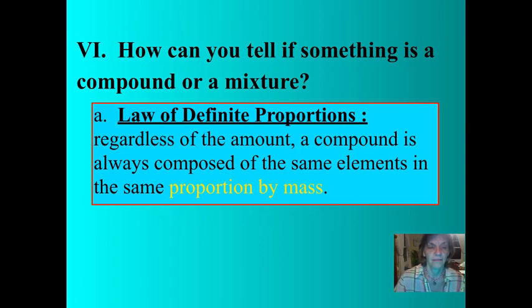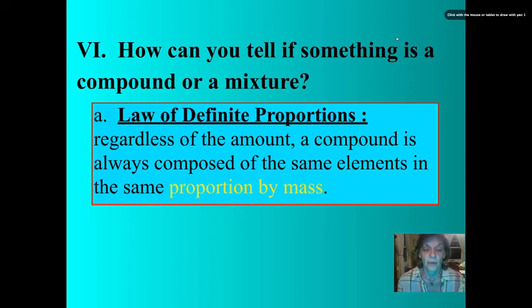All right. In the last topic, we want to get a little quantitative here and tell you how you can tell if something is a compound or a mixture using the masses or weights of the parts. One thing that helps us understand if something is a pure compound is the law of definite proportions.